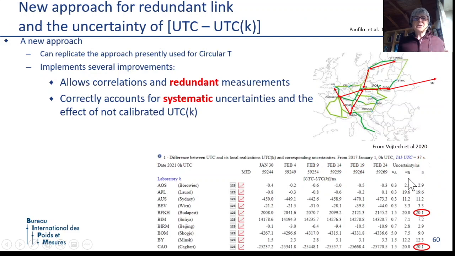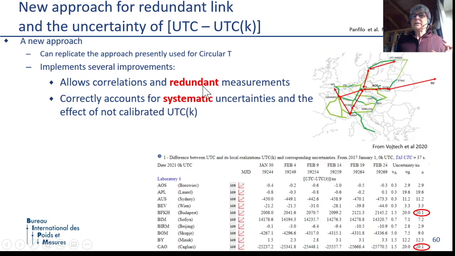Also, a recent development on algorithms is based on a new way to use the time transfer links between the clocks. For example, you see here in Europe we have several laboratories. They are compared by GPS, by Galileo, by two-way satellite time transfer, or by optical fiber.